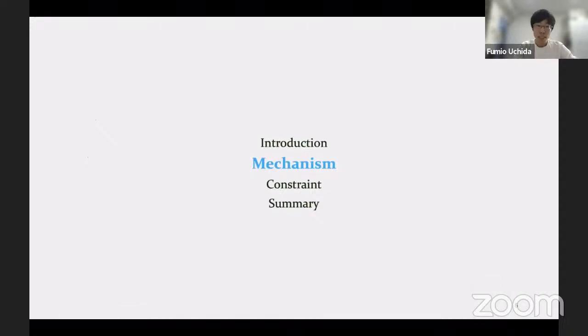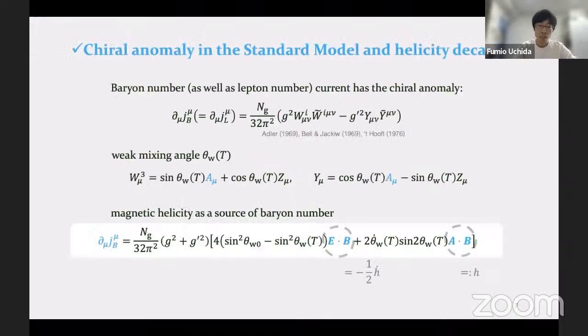The next part is about the key mechanism, which gives the answer to the question I mentioned in the last slide. The physics behind the mechanism is the chiral anomaly in the standard model of particle physics. This is the anomaly of the baryon number current, originating from the fact that the standard model is a chiral theory of left-handed and right-handed fermions.